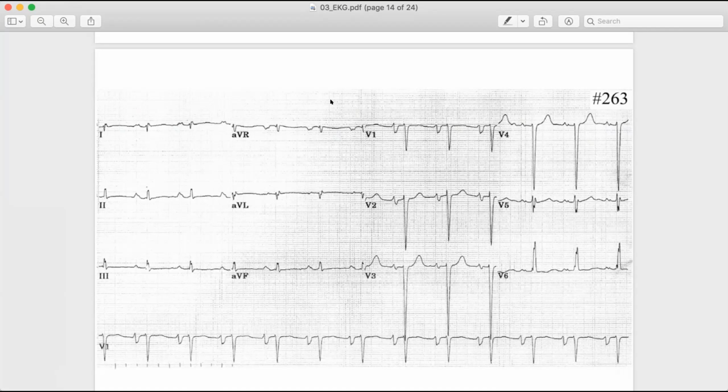It's not really positive, it's equiphasic actually. Well, I would say negative. At least it's close to 0 or a little bit negative. Right, AVR is negative, so this is right deviation. We do not know whether it's an extreme right deviation or not, but it's over 90 for sure.